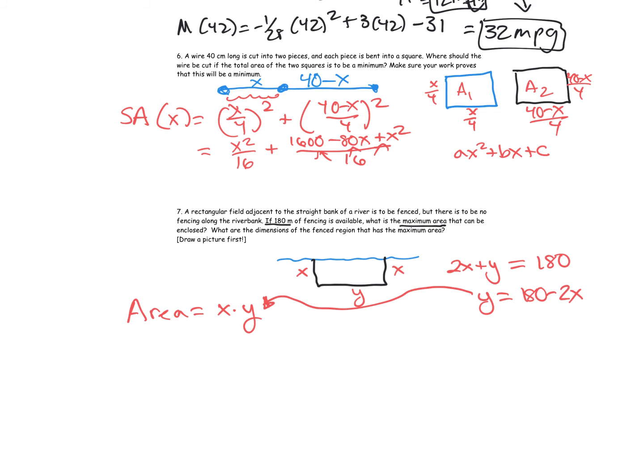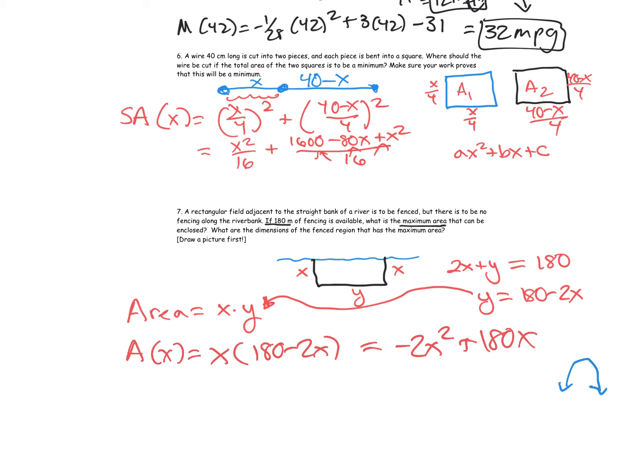And then I'm working with an area equation only in terms of x. So x times 180 minus 2x, which will give me negative 2x squared plus 180x. And this is perfect because this area equation is a parabola that opens down. So it will have a max.